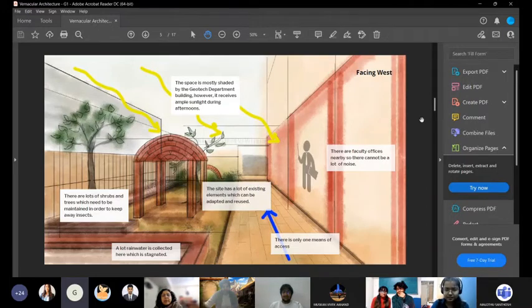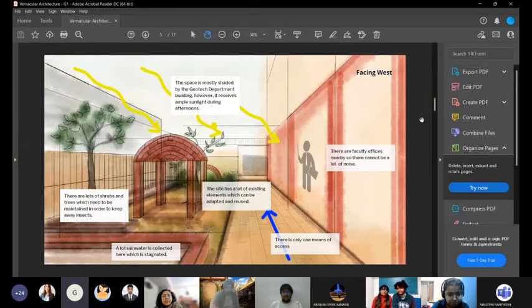This place receives enough sunlight, though in the morning the sun hardly reaches because of the geotechnical department and the trees. But in the afternoon there is enough sunlight. One of the major problems we faced was that this is a very long piece of land which is accessible only by the road, and the access is pretty small and very unidirectional, so we could not play with that.